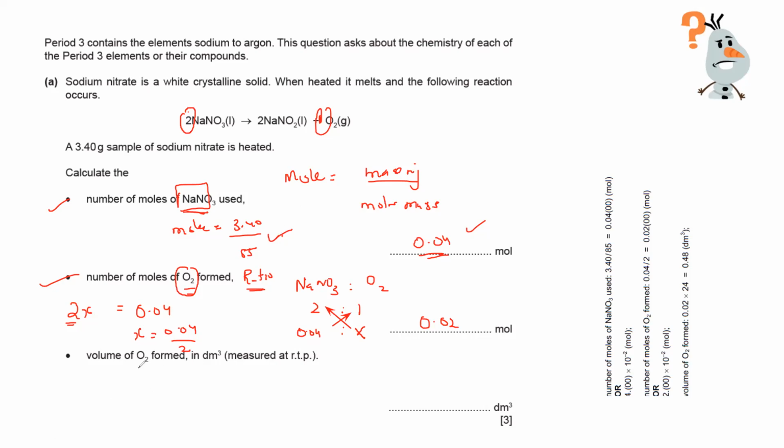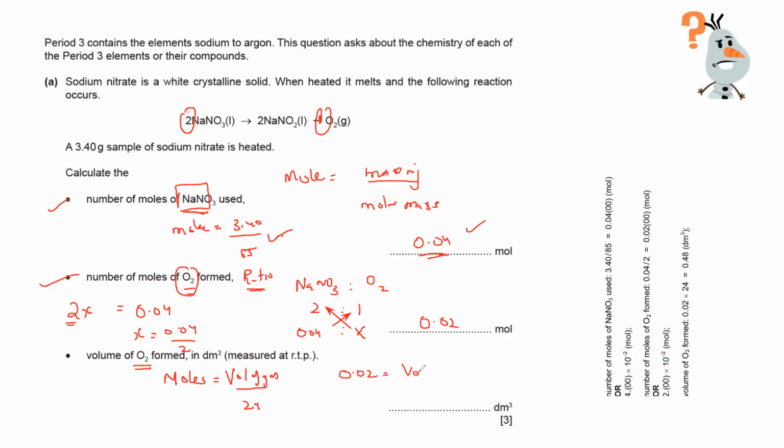Then the third one, we need the volume of oxygen formed. How much oxygen is formed, we need that volume. So to get the volume of a gas, you again have the formula: moles equals volume of the gas divided by 24. How many moles were there for oxygen? That is 0.02.